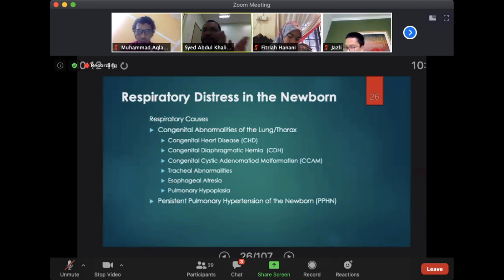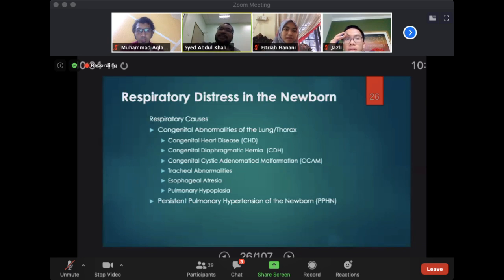In extremely premature babies, it takes longer to close, and in some babies, it doesn't close. So when the duct is still open and there is pulmonary hypertension, there will be right to left shunt across the duct.